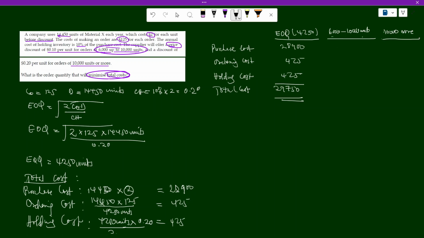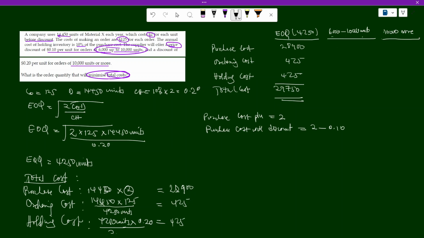So if the company is being offered a discount, the purchase cost per unit is equal to 2. Now, purchase cost with discount is going to be what? It's going to be 2 minus 0.10.